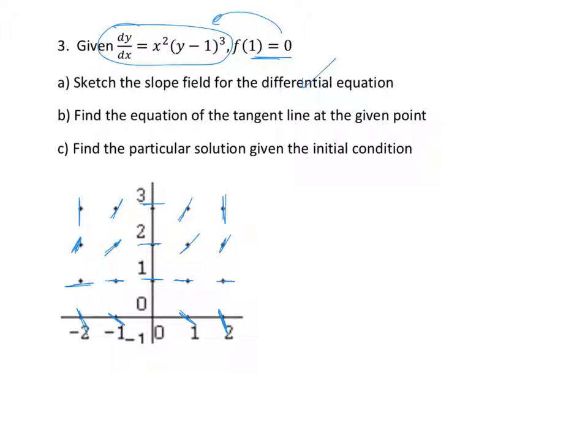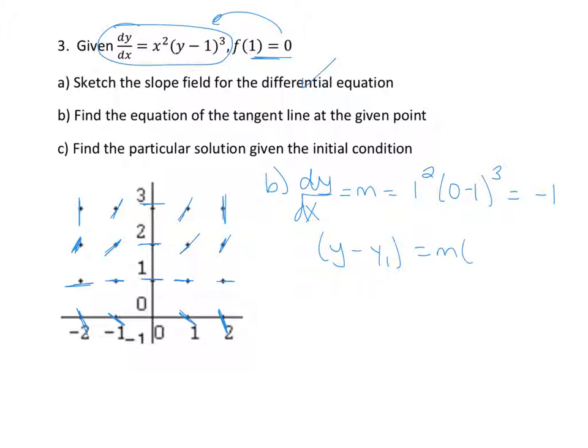So for part B, dy/dx, which is going to give me my m, is going to be 1 squared, 0 minus 1 cubed. That gets me a slope of -1, and then when I plug it into y minus y1 equals m times x minus x1, I get y minus 0, because my y value is 0, equals -1 times x minus 1, and then I end up just getting y equals -x plus 1.